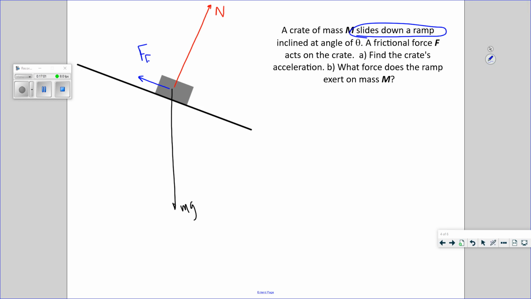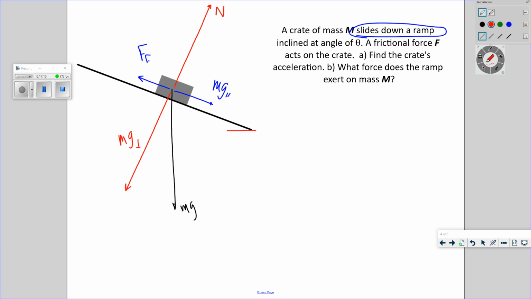Here's mg parallel. Here's mg perp. Here's the angle of inclination, theta. Find the crate's acceleration.